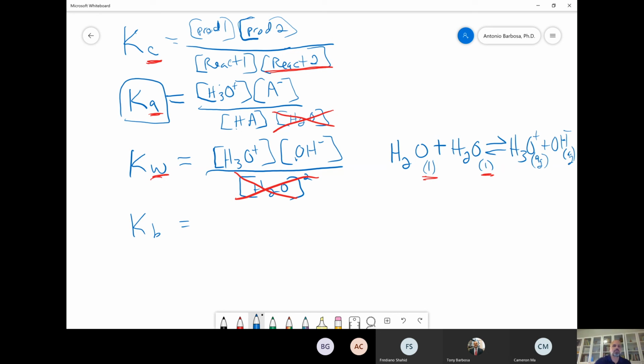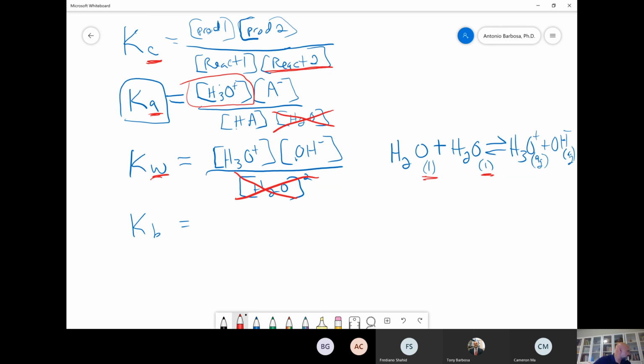What we're really measuring is the amount of acid that's present in solution. So this gives us the ability to compare different Kas so that we can determine which acid is stronger. Did that answer clarify anything about Kas?